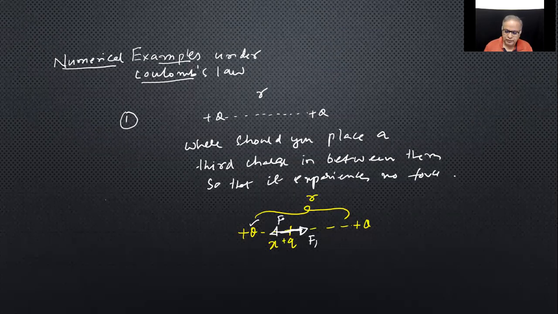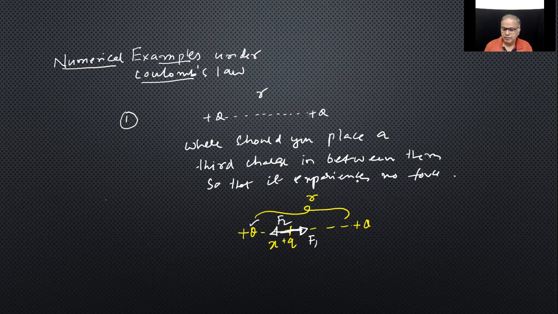So F2. We have been given a condition that the net force is 0. So F1 minus F2 equals 0, the magnitude. Adding will be the difference in magnitudes when the angle is 180. Isn't it so? So what is F1?